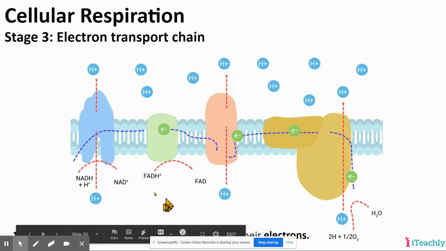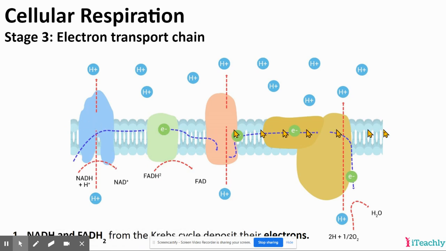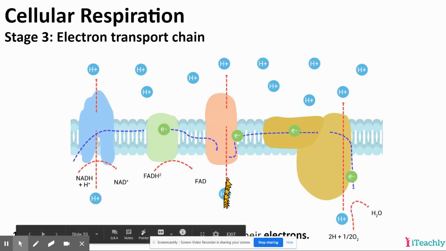So that's NAD. FAD actually comes in here. So it skips this; these are all proteins, embedded proteins in that membrane. You don't have to know the proteins. FAD is going to come in here, but this is also going to pump hydrogens.